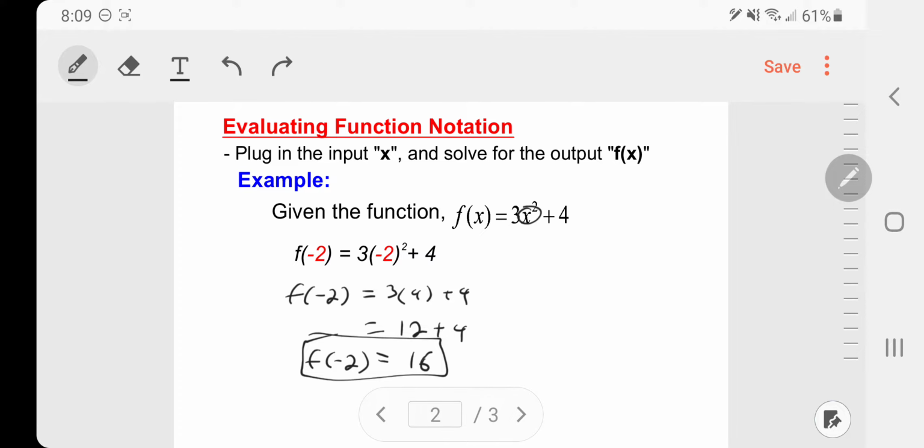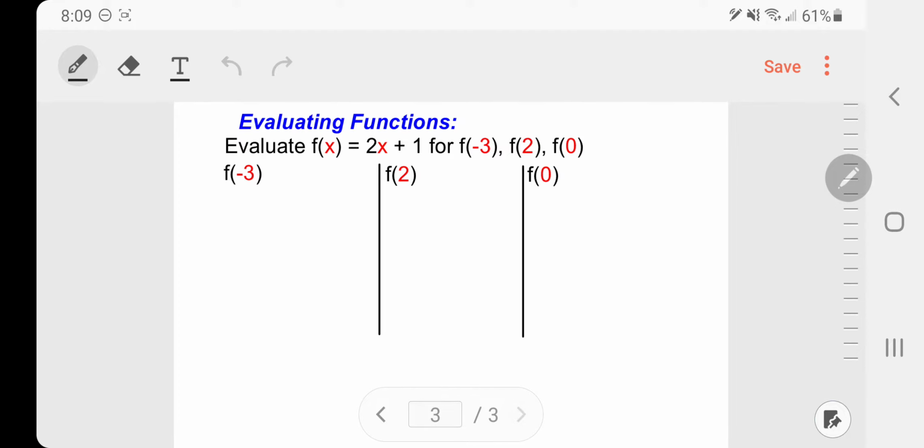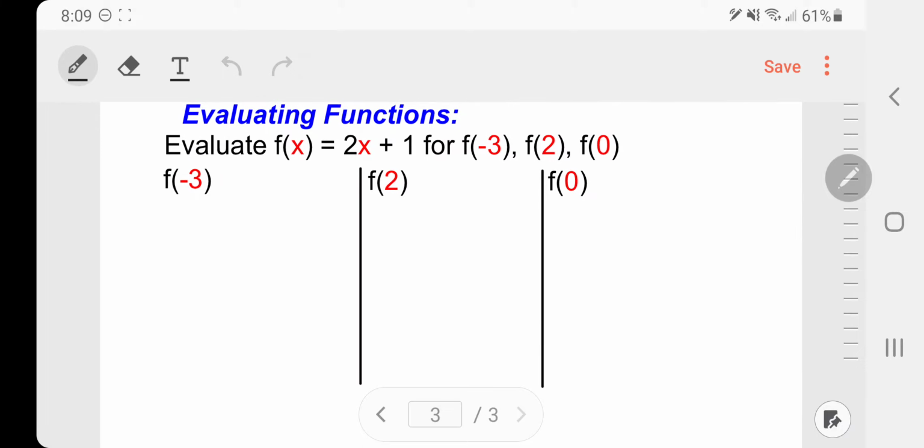Okay, let's take a look at another example. Okay, here we have our standard linear function. This one's slope-intercept form, 2x plus 1. X, again, is our input, or our independent variable. And here we have three different inputs, negative 3, 2, and 0. Okay, so again, the f is telling us to use the f of x function, right?